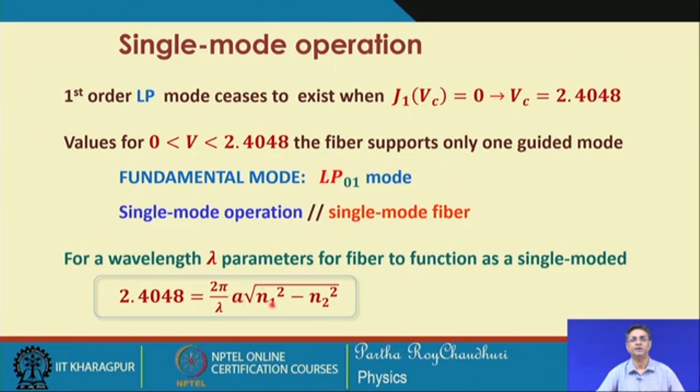So, from here, given n 1, n 2 and lambda, we can decide the value of a, that is the core radius, or given the core radius, knowing n 1 and n 2 of the core cladding structure, we can define the limit up to which this fiber will remain single moded, that is only one mode, the LP 01 mode, the fundamental mode, will be supported, and no other modes.